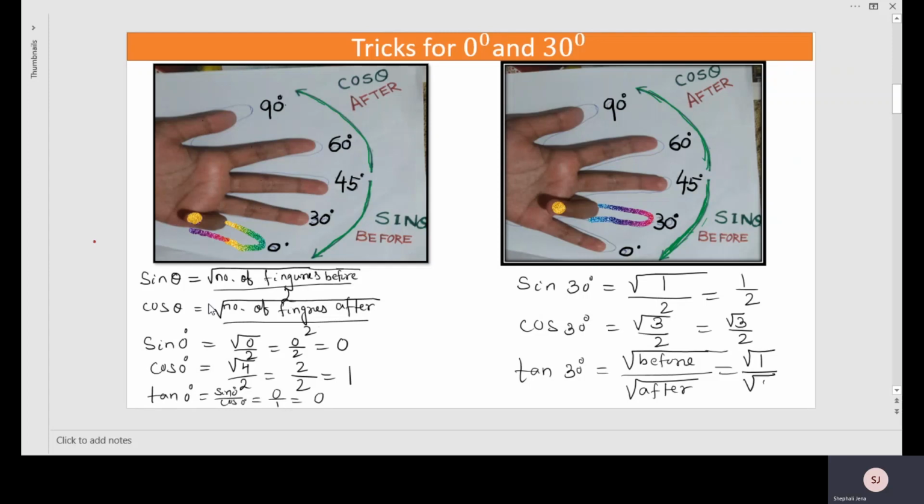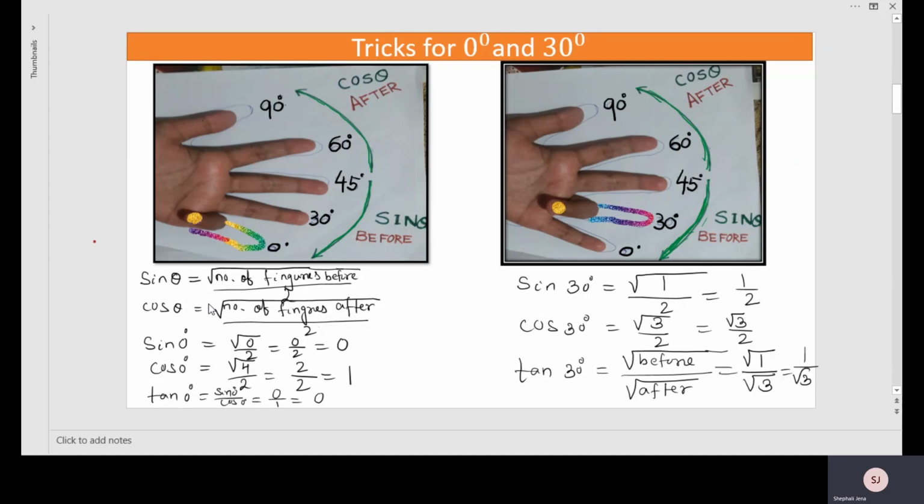So square root of 3. So 1 divided by root 3. Very easy to learn. Square root of before divided by square root of after. So sin 30 degree you got 1/2, cos 30 degree √3/2, and tan 30 degree 1/√3.